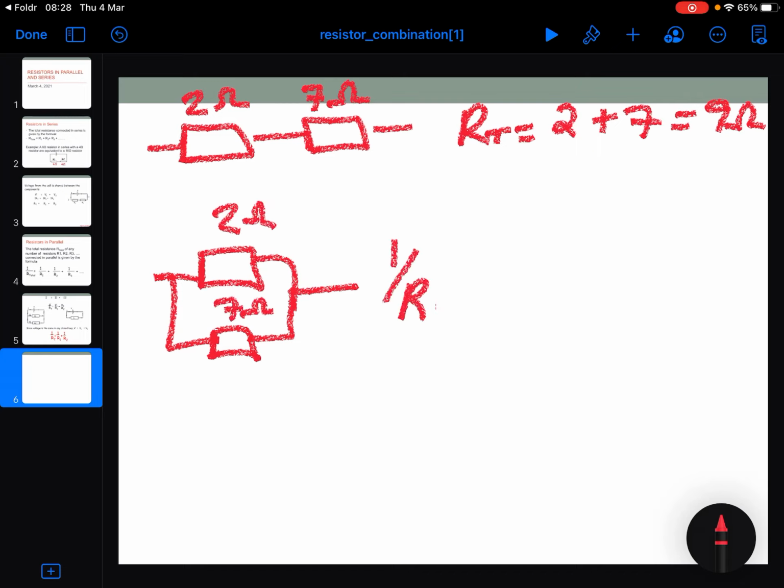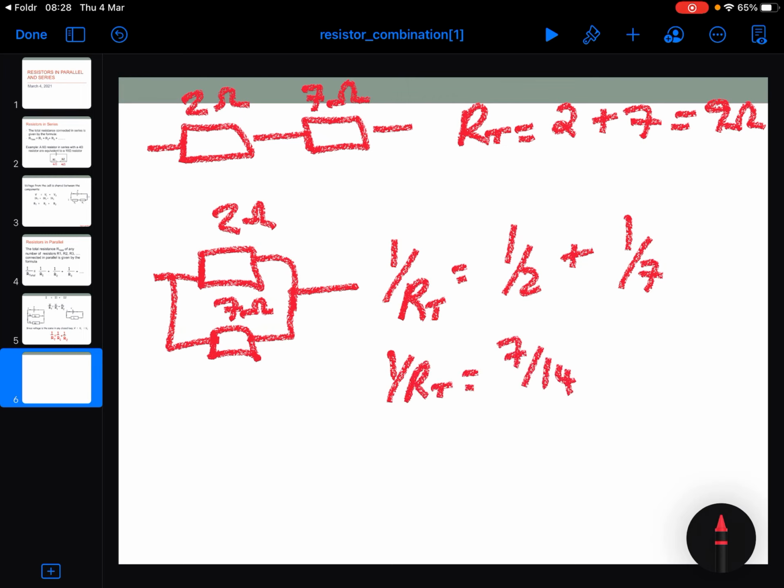So 1 over RT is 1 over 2 plus 1 over 7. I don't have my calculator on me, that was stupid. 2, 7, 14 or something like that. Right, okay, well I'm going to try it anyway. I'm going to do it with common denominators. So 1 over RT equals 7 over 14 plus 2 over 14. 1 over RT is 9 over 14.